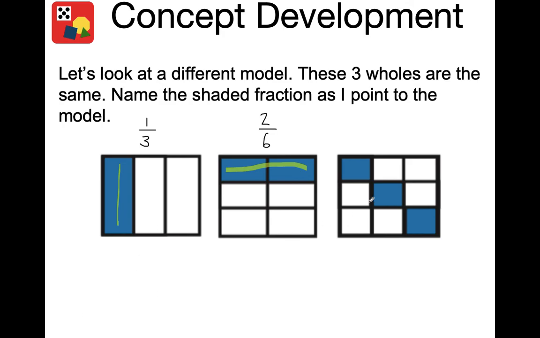Now our last one: if these 3 smaller pieces were all lined up in a row or a column, they would also line up really well with these shapes. So we know that this is also equivalent. However, there are more pieces. How many pieces are there in all?